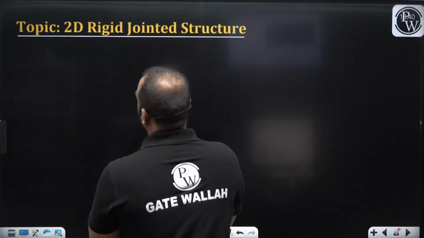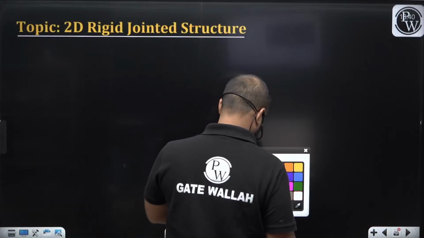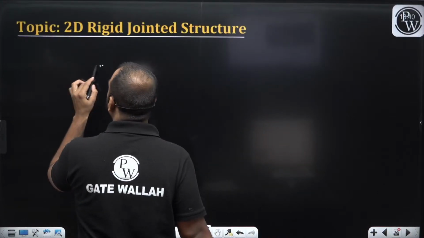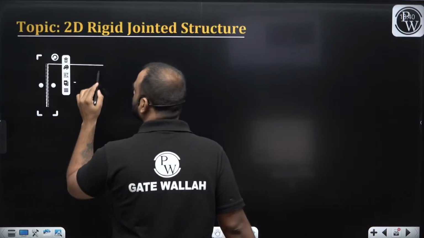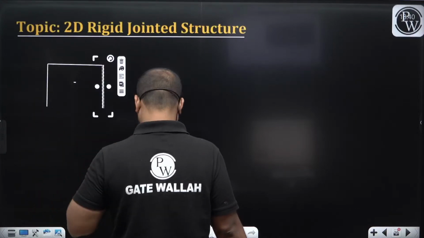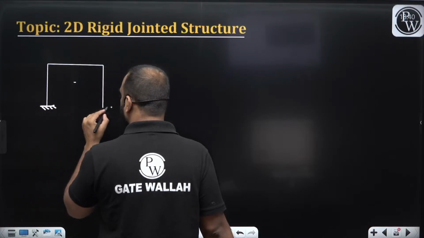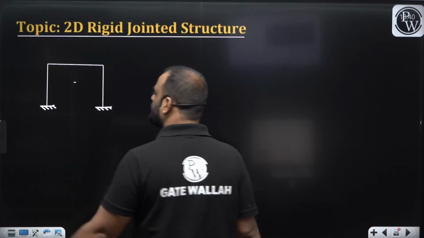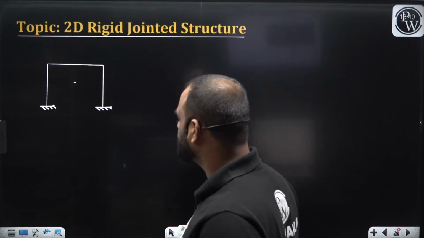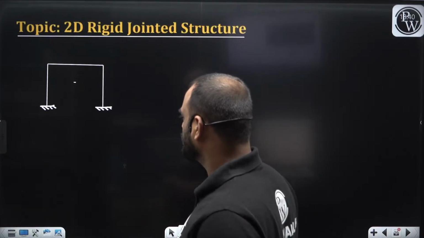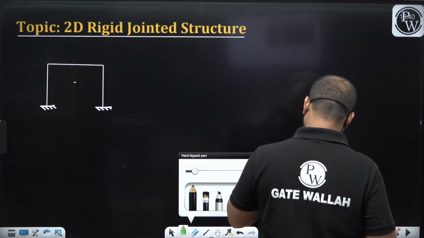Now guys, listen very carefully. Let us suppose this is our structure. Listen very carefully, guys, then only you can understand whatever I am saying. Let us consider this is a single bay portal frame, and let us suppose in this particular structure we have j number of joints.